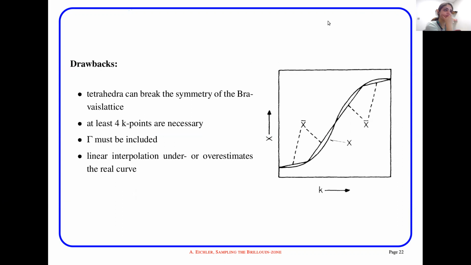Instead, in this case, you can reduce the number of k-points, so your simulation will be faster. But you need to make sure that you have enough k-points, because otherwise you will just have the wrong estimation.